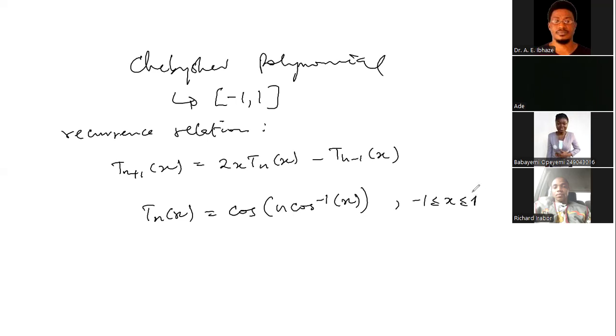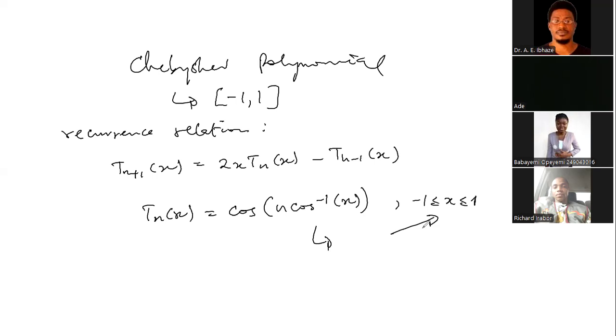So it means that this is so because the cos inverse of x is only real valued within this interval. So outside this interval, it's not real valued. So this naturally restricts the Chebyshev polynomial to this interval.